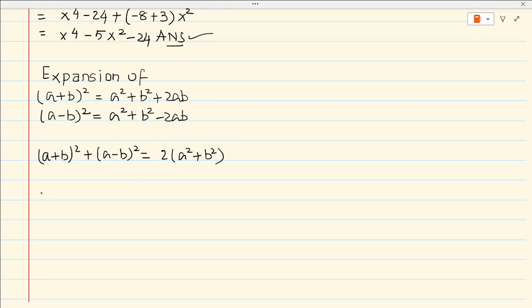And if we subtract these two expressions, what we get? It is 4ab. You can find it. You can reduce these expressions, and if we multiply a plus b with a minus b, what we get? This we have studied. We get a square minus b square.